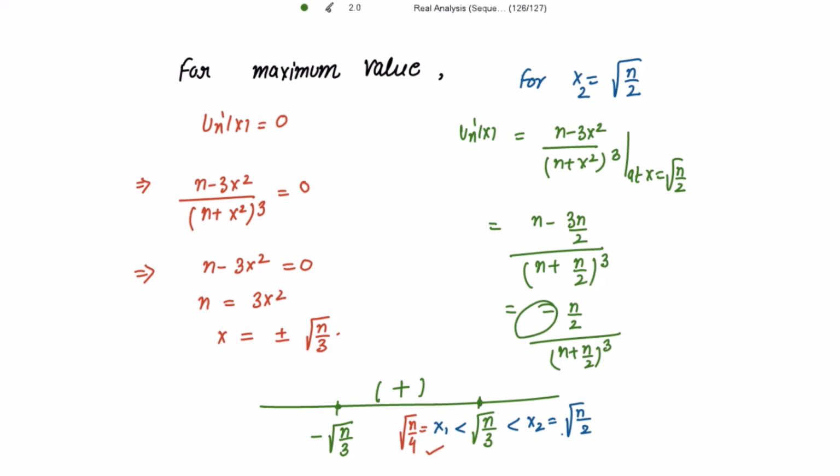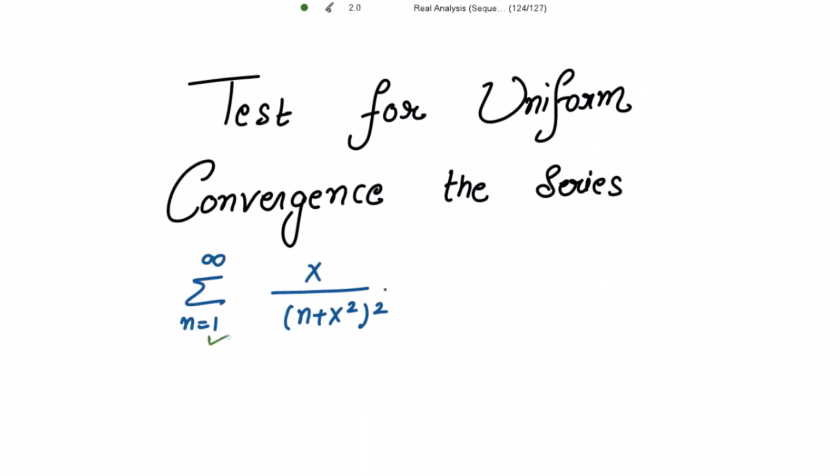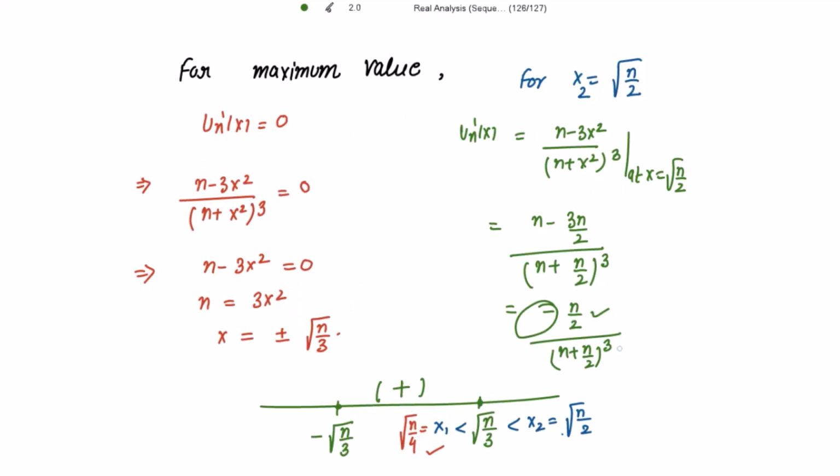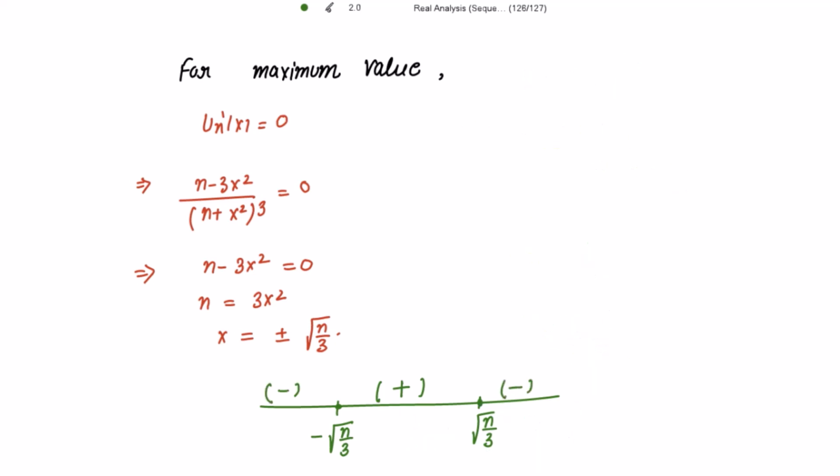Here n is positive because n is starting with 1 to infinity. So numerator is positive, denominator is also positive. But we are getting negative sign with the numerator, right? So that means for the values which are greater than square root of n by 3, we are getting negative sign. So what does this mean?